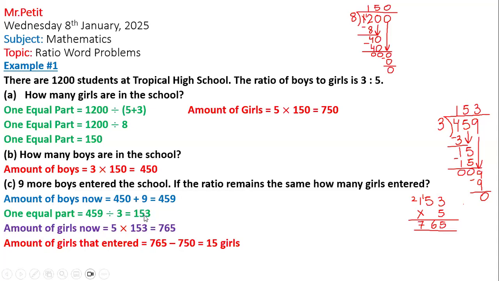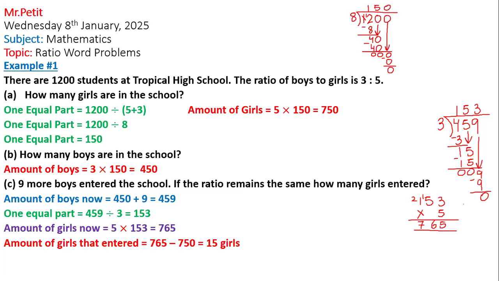So 153 is the 1 equal part. Then we multiply it by 5. Why? Because the 5 accounts for 5 equal parts for girls, because the ratio is boys to girls and 5 is the one at the end. So 5 times 153 gives us 765. That's the amount of girls that we have now.